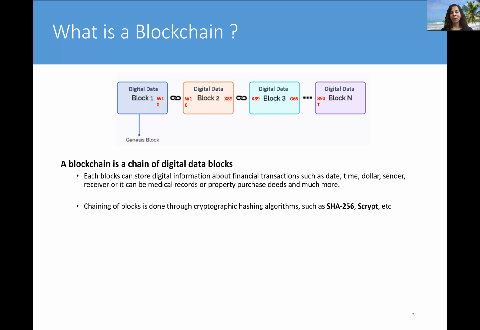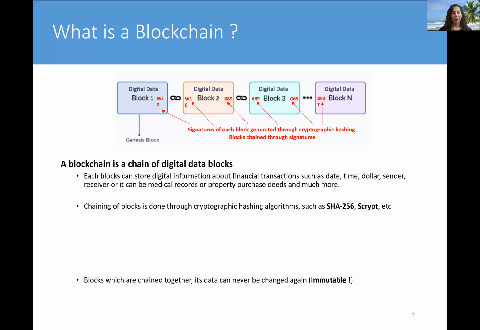In addition to that data, I'm going to have a hash of this data that determines, in a standardized format, which of this data is going to be in each of the blocks. I'm also going to have a signature of the block that is generated by cryptographic hashing.